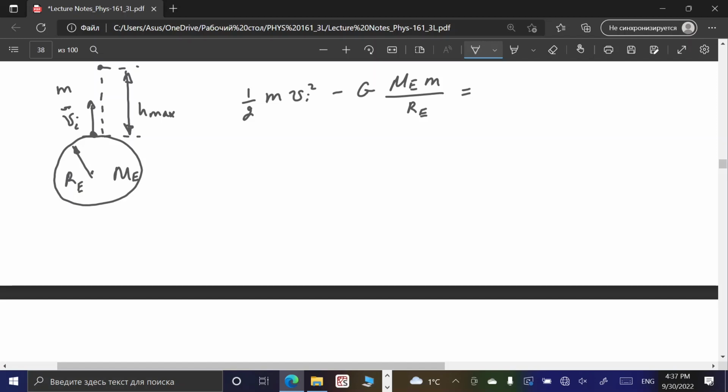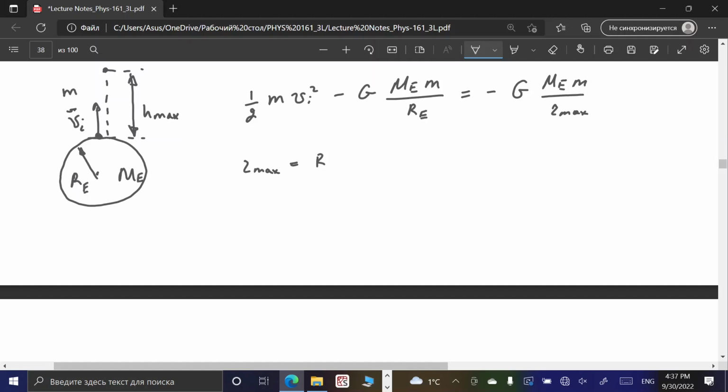So in this case, we will have only potential energy that will be equal to minus G times Me times m over r maximum, and this r maximum can be expressed as Re plus h maximum.